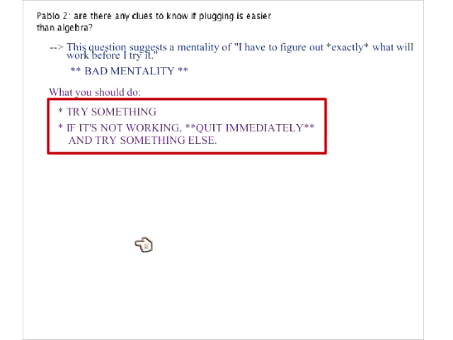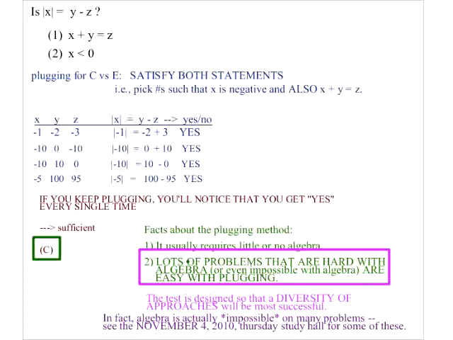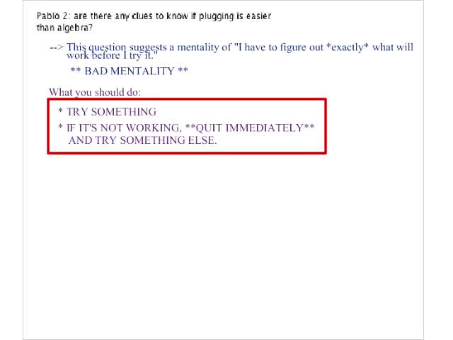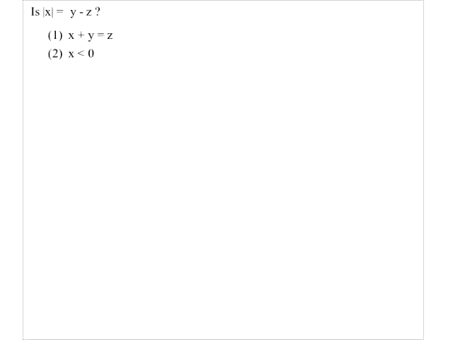Let's try looking at the algebra for this problem. We know the answer is C, but let's forget that for a second and treat it as new. Algebra solution.